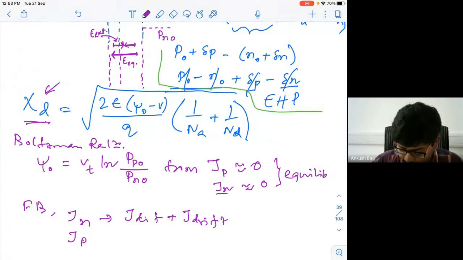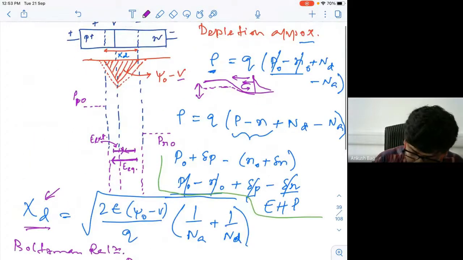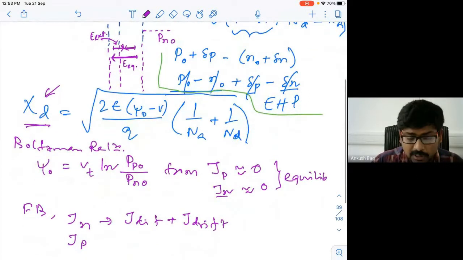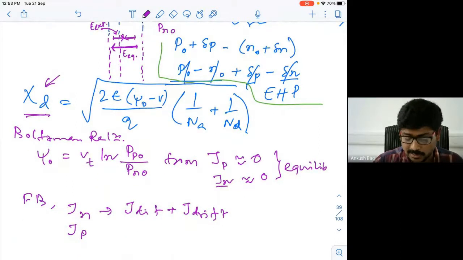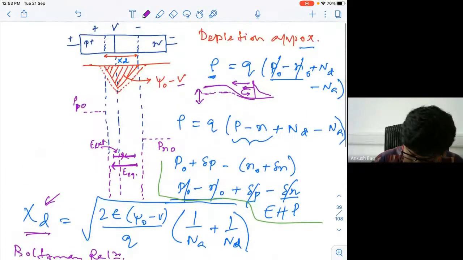But whenever we forward bias it, there will be more diffusion than drift because there is a reduction in barrier height. So that means you will have some current, and this is the current you get in forward bias. The drift is due to the band bending, which comes from the built-in electric field within the p-n junction; from the band diagram you can see electrons always try to take the lowermost energy.